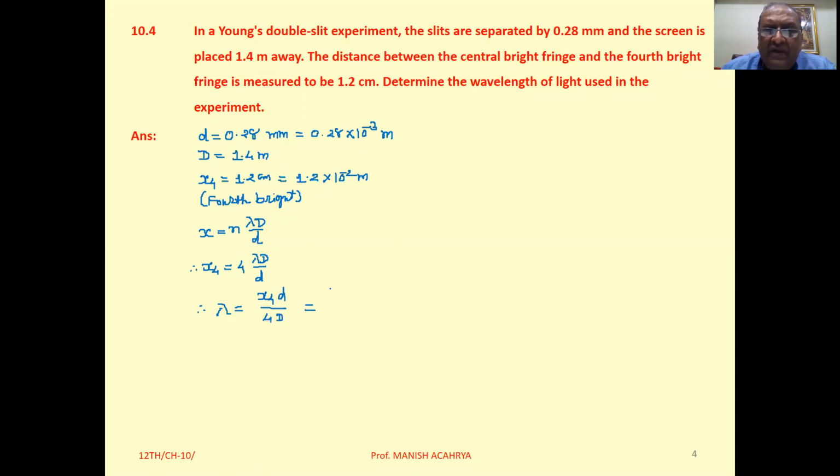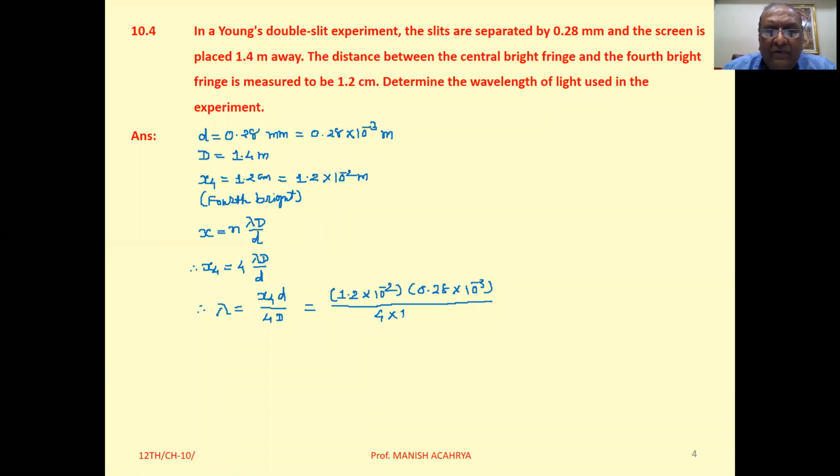Now substitute the values: 1.2 into 10 raised to minus 2, small d, that is 0.28 into 10 raised to minus 3, whole thing divided by 4 into 1.4. You will get the answer in meter and then convert it in angstrom.